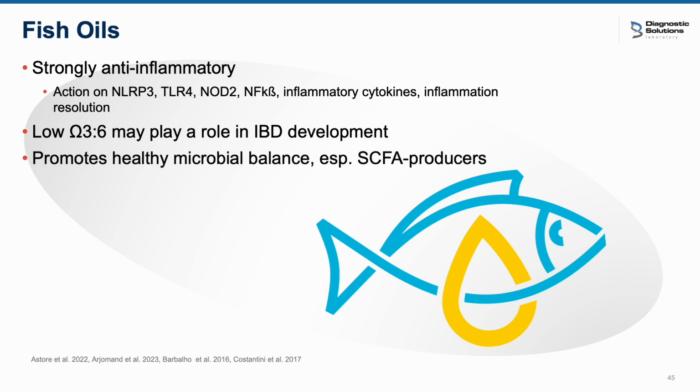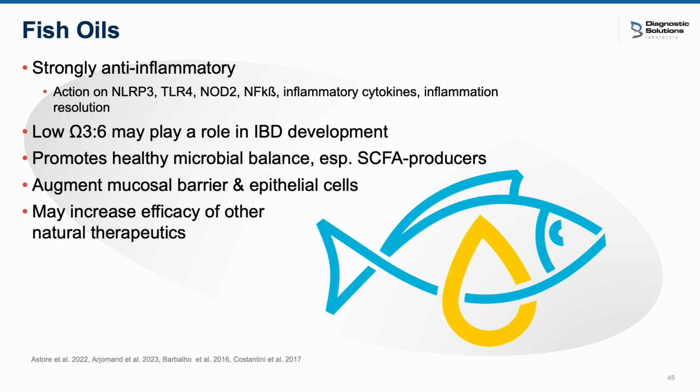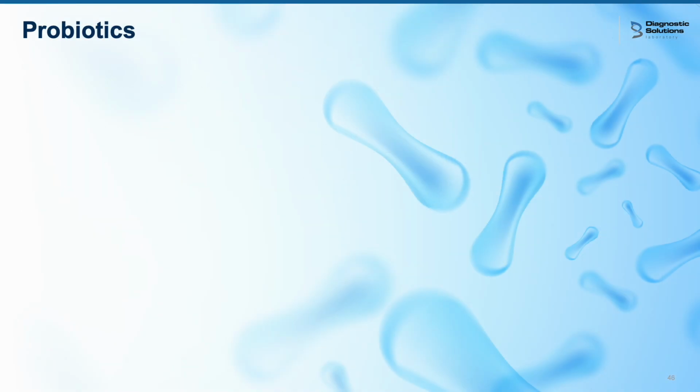We'll see a promotion of healthy microbiota balance, especially your short-chain fatty acid producers, which can benefit the epithelial cell health and be anti-inflammatory. You're going to see an increase in your mucosal function and epithelial cell health. And you may use fish oils alongside other natural therapeutics, and it can make them more effective when you use fish oils.